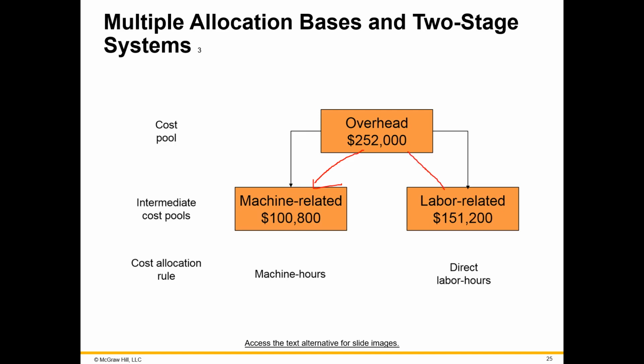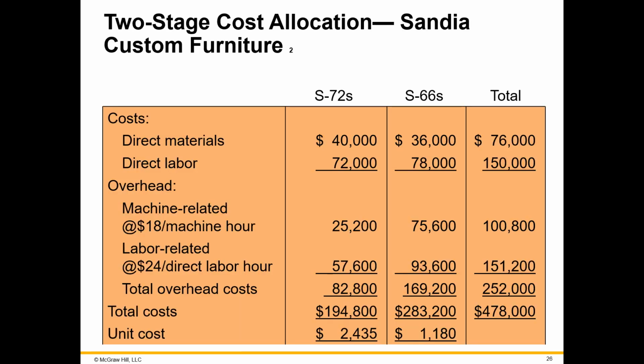And so now they've updated this table. So here's your machine-related cost of $100,800 that we saw on the previous slide, and your total labor-related overhead cost of $151,200. Again, we check our work. We see that these two numbers total the $252,000. Now in this case, the machine-related cost, we're going to allocate it at $18 per machine hour, and labor-related cost is being allocated at $24 per direct labor hour.